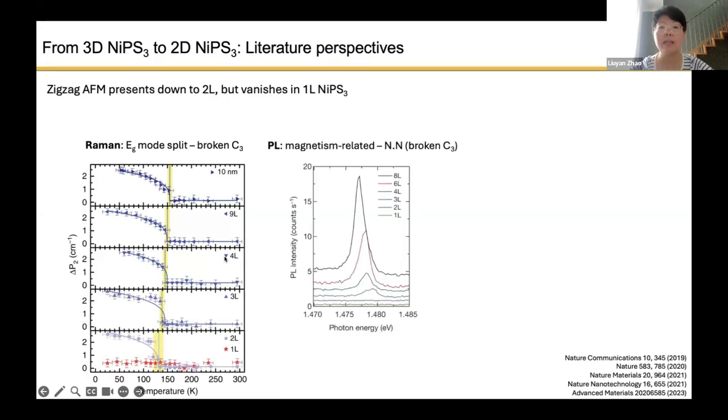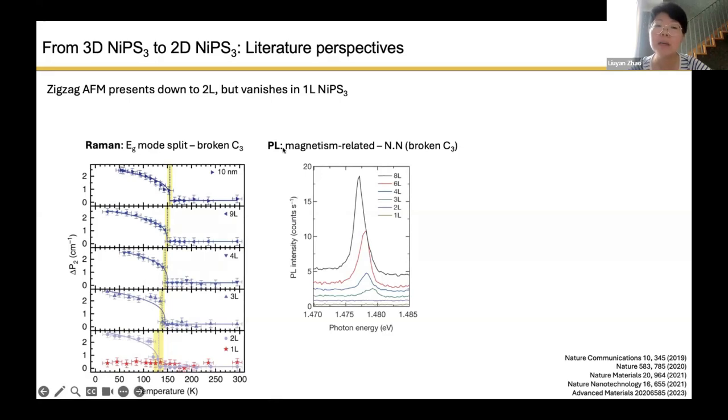Another optical technique is photoluminescence. There is an exceptionally sharp exciton peak for nickel phosphor trisulfide, and this peak broadens and shrinks in intensity as we go down to thinner and thinner layers. Because this photoluminescence is related to magnetism, people attribute this to the magnetism also diminishing down to monolayer through this set of measurements.